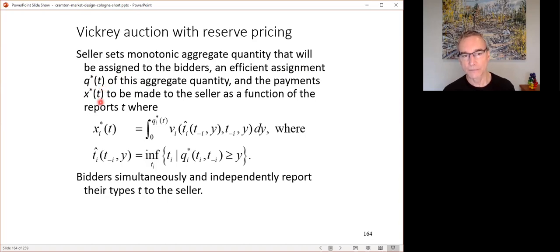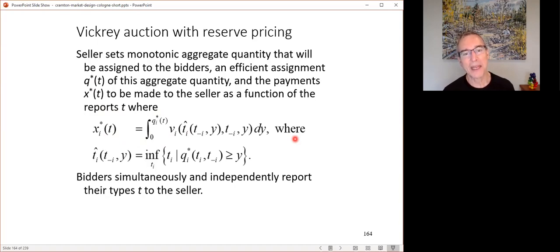And then there's going to be a payment, x star of t, that's a vector of payments to each, that's going to basically induce truth being an equilibrium strategy. This might look confusing, but intuitively what we're doing is the payment is integrating marginal value.